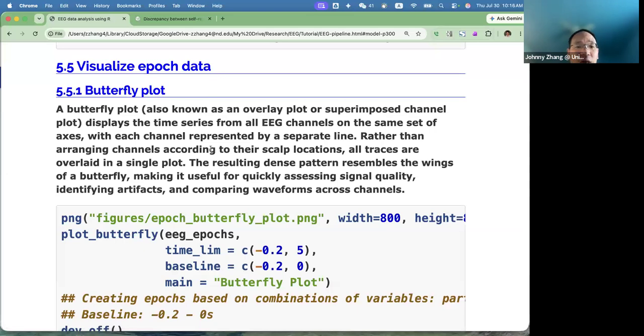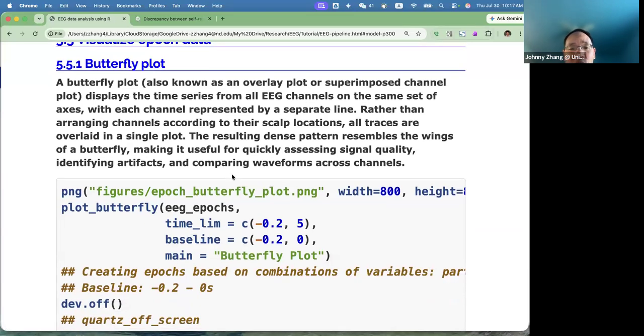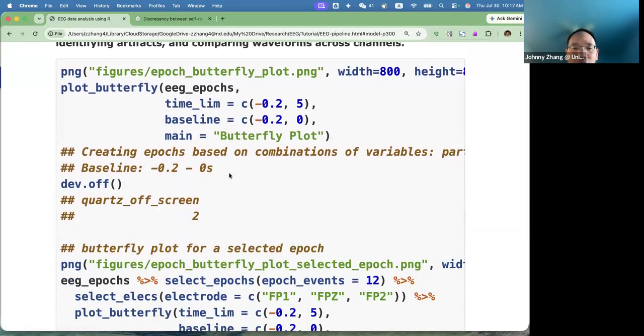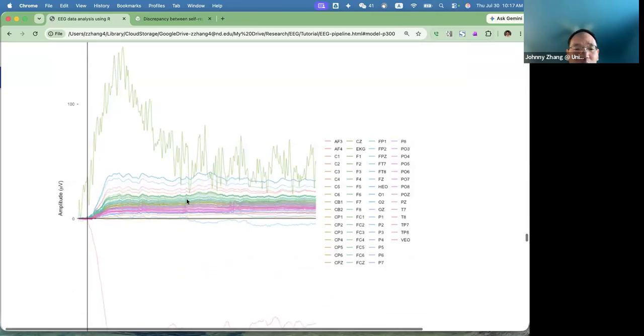With the epoch data, I can analyze the data. First we can visualize the data. For example, this is called a butterfly plot. It's a plot of each channel based on the epochs.